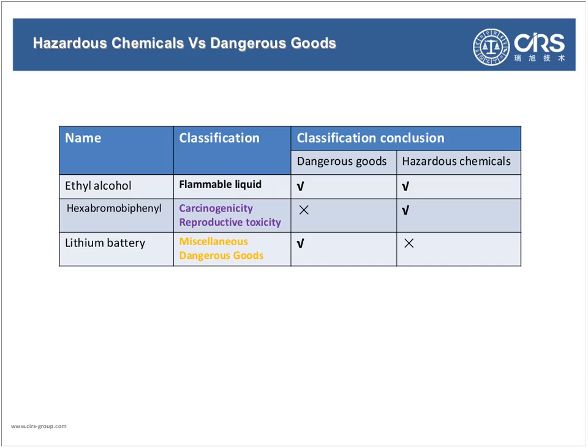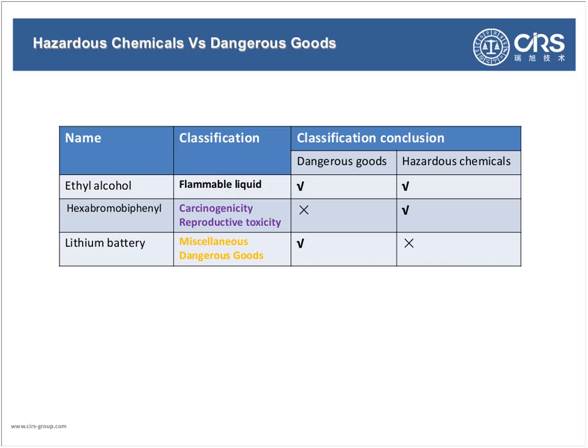And here we can give you some idea of how to confirm whether your chemical is dangerous goods or hazardous chemicals. We make the decision based on the classification of hazardous chemicals and dangerous goods.